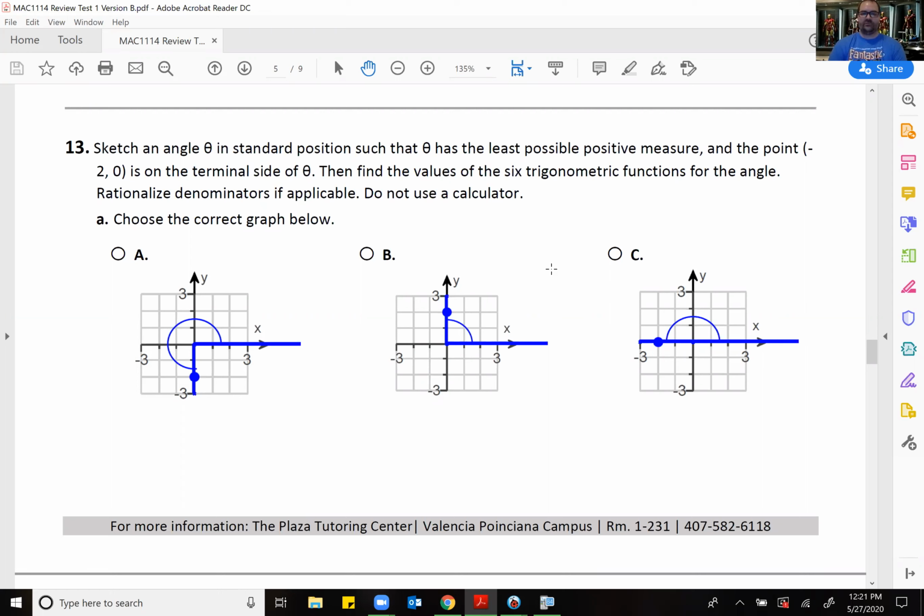which we can now solve for r, because that's what we're going to need in order to get the sine theta, the cosine theta, the cosecant theta, secant theta. Cotangent theta should be really easy. All we do is we just flip this.